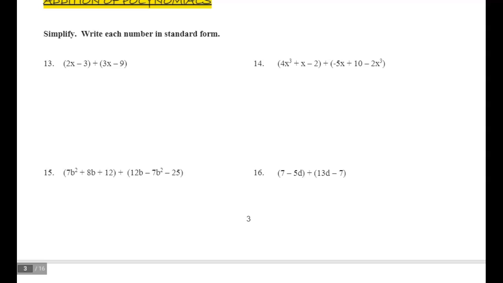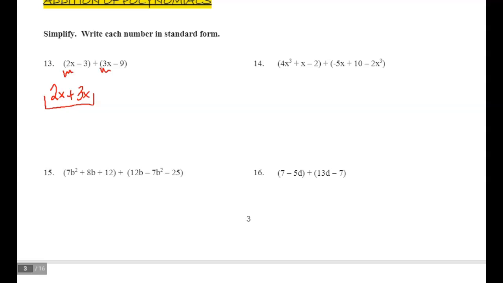So in this case, it says simplify, write each number in standard form. So what things match? Those are both x's to the first power. So I can combine those, 2x plus 3x. Sometimes you'll see people rewrite it as 2x plus 3x because they're grouping things that match.